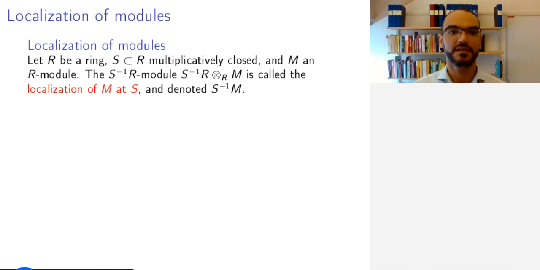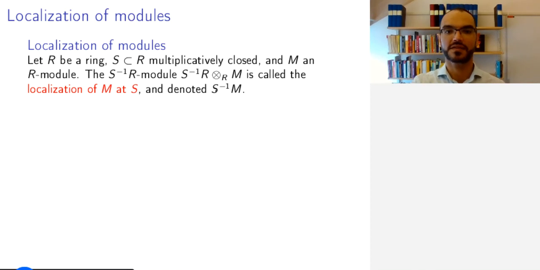So more precisely, if R is a unital commutative ring, and you take a multiplicatively closed subset S in R and an R module M, then the module M over R gives rise to a module over the localized ring S inverse R. This is given by base change that we have seen before in these lectures, where simply you tensor M over R by the ring S inverse R, and so you get a module over S inverse R, and this is called the localization of M at the multiplicatively closed set S and denoted S inverse M.